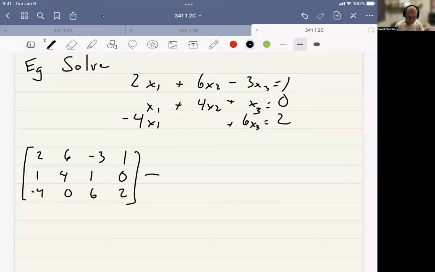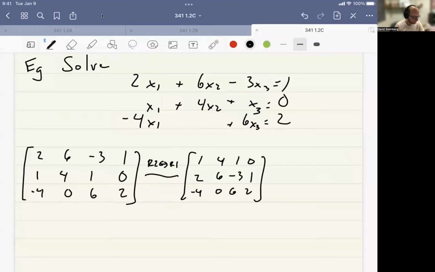Okay, so we use this tilde to denote row equivalence. And you'll notice, things like, we'll just swap row 2 and row 1. 1, 4, 1, 0, 2, 6, -3, 1, -4, 0, 6, 2.